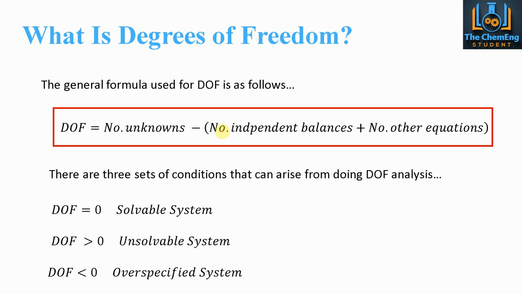With an overspecified system, say for example we had x plus 5 equals y, but then we had x minus 2 equals y. Then essentially this is saying that we have contradictory statements, so we would need other pieces of information in order to be able to solve this, because these conflict with each other. This is just a very basic example. We'll look at proper examples of DOF in just a second.